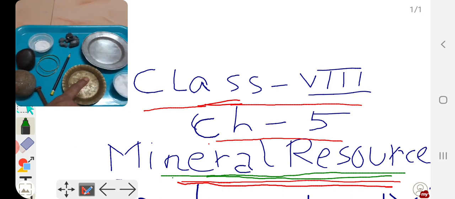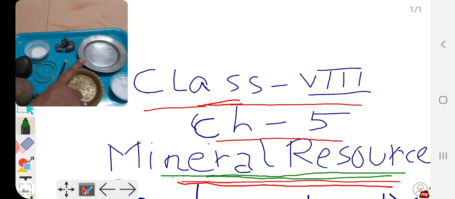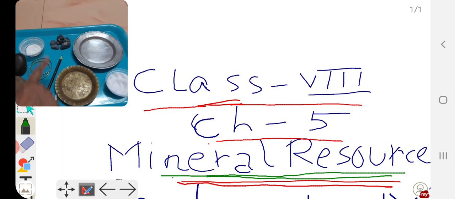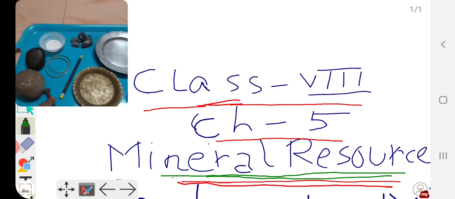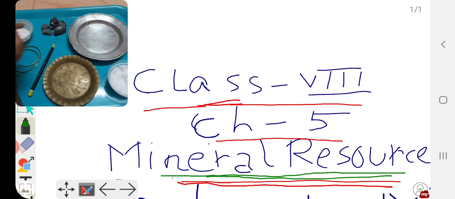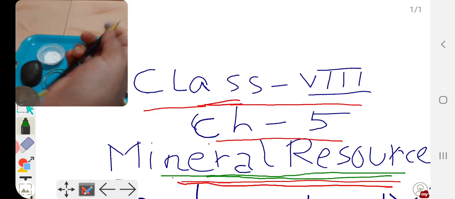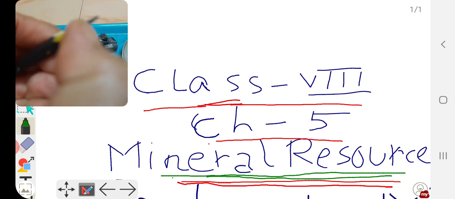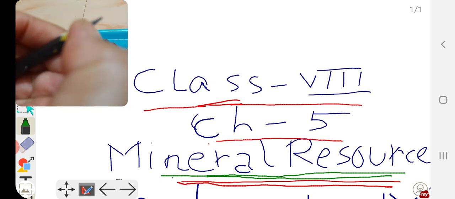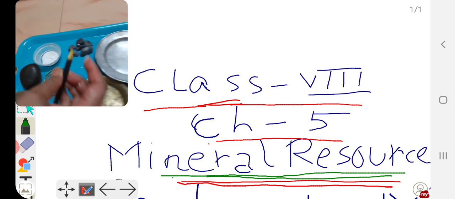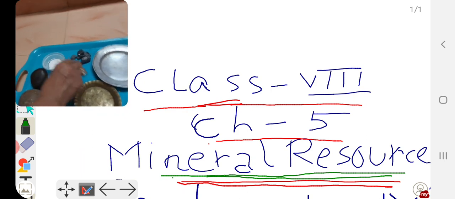So we got some minerals, like I said, metallic minerals. These are metallic minerals. These are non-metallic minerals. This is graphite. The lead of your pencil is graphite. So it is a non-metallic mineral.